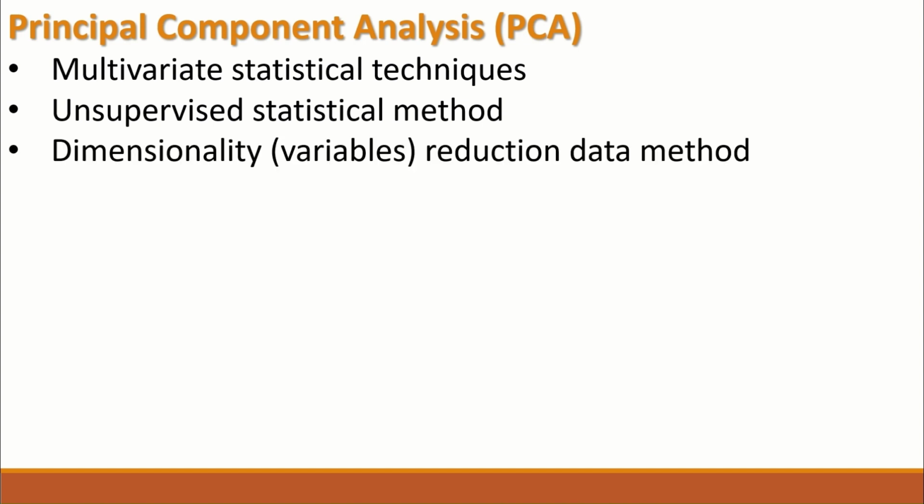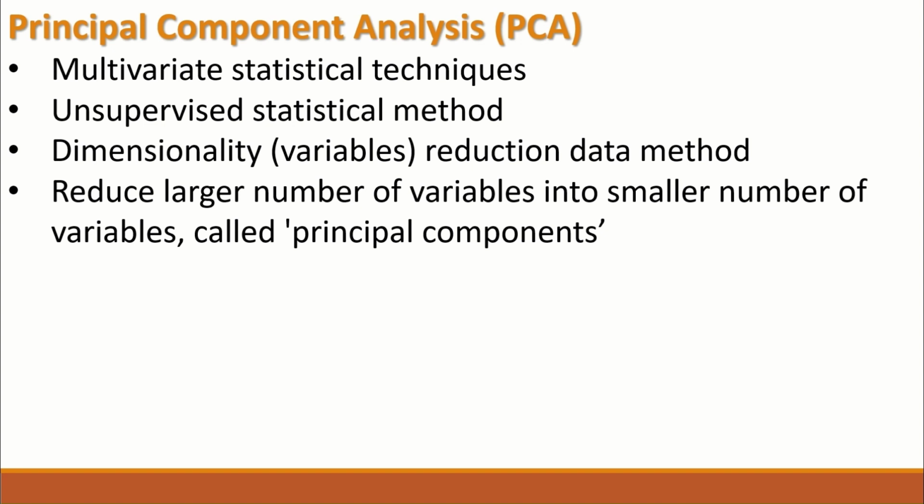The objective of performing PCA is to reduce the number of variables in a data set. So it is a dimensionality reduction method. It aims to reduce a larger number of variables that is extracted from a questionnaire or a survey. Variables are items or questions.